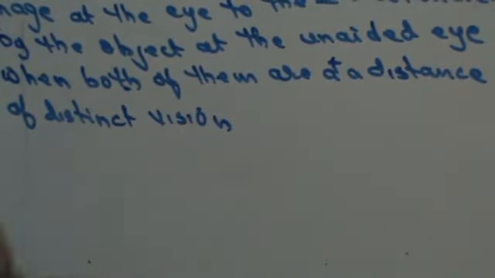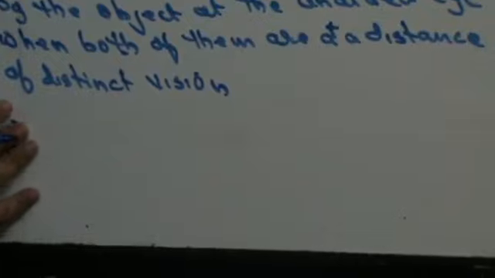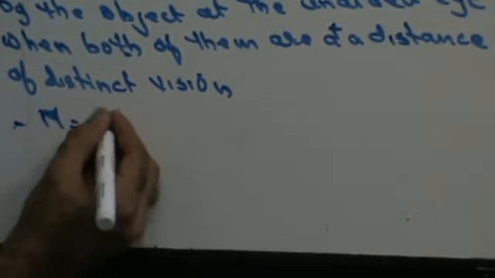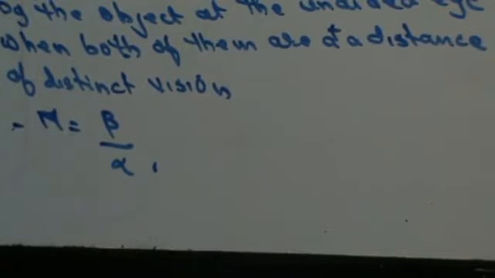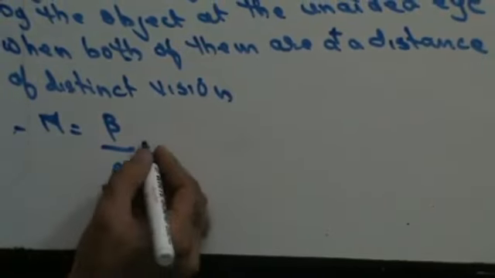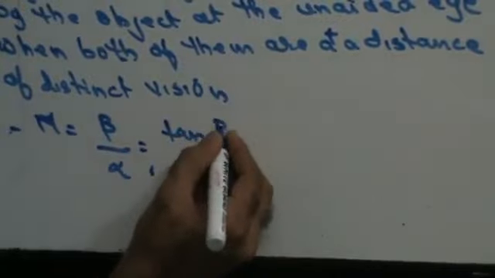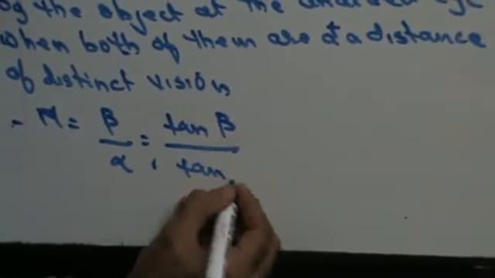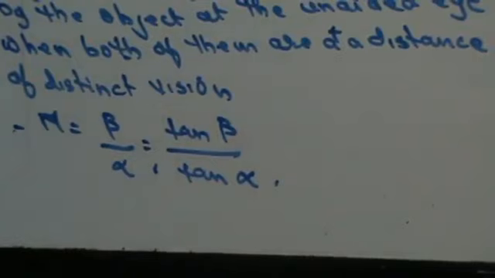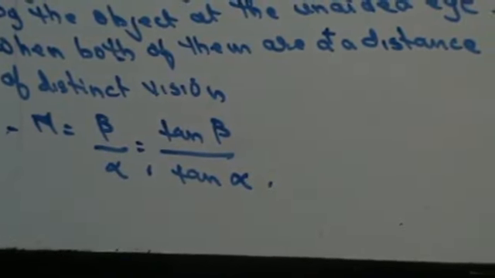So therefore I can say that magnifying power is nothing but beta upon alpha. I had already shown you what is beta, what is alpha, right? Multiply numerator and denominator by tan, so this is going to be tan beta upon tan alpha. So the magnifying power is going to be tan beta upon tan alpha.